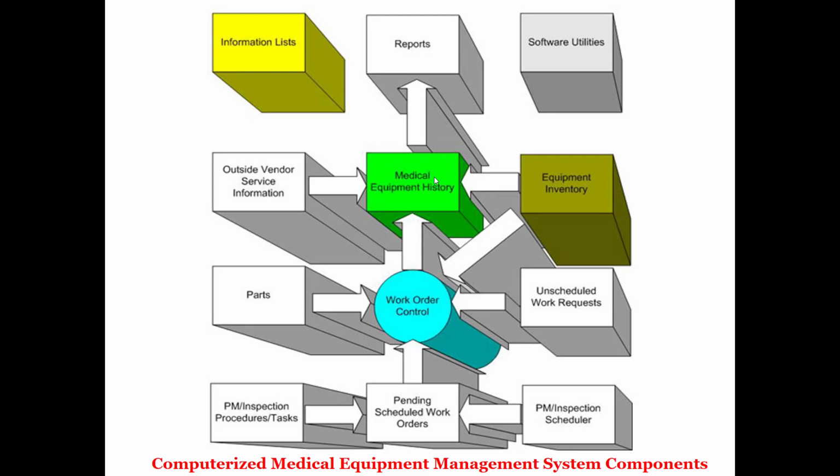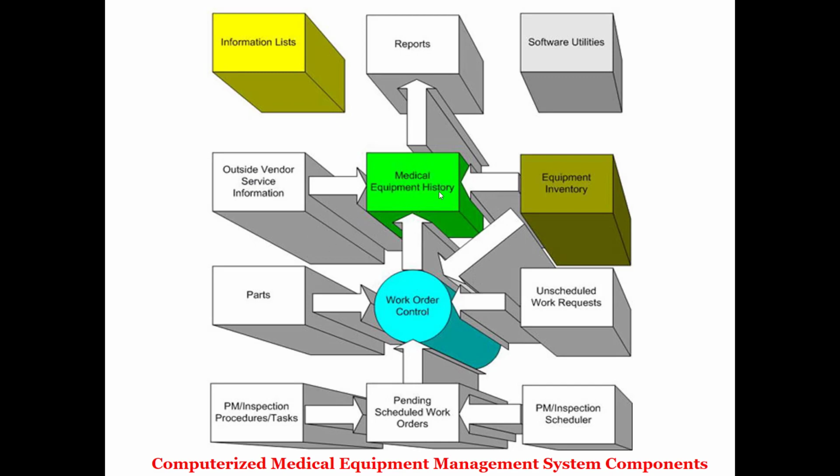Also, the medical equipment history has different inputs. One of them is the work order control, which is generated by the in-house staff, whereas we also have work orders or vendor service information, which is considered out-house services. We have the equipment inventory.